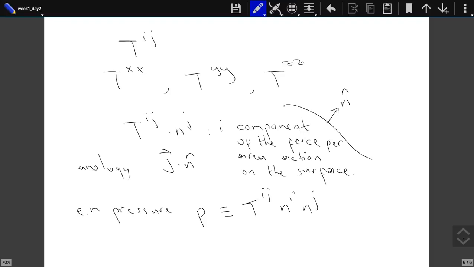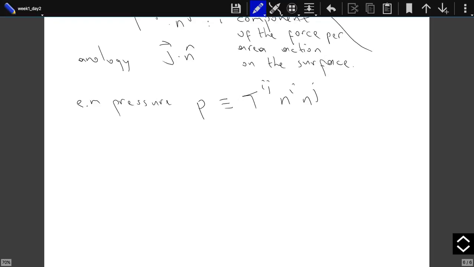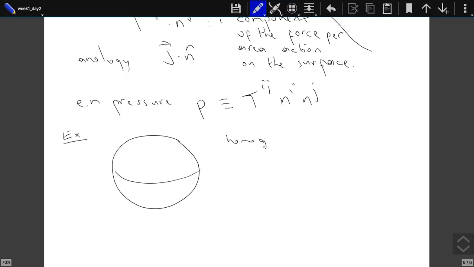So now, for example, you can calculate. Last semester you had this problem. We had a homogeneously charged sphere, and you were asked to find what is the force acting on the upper hemisphere due to the lower hemisphere.